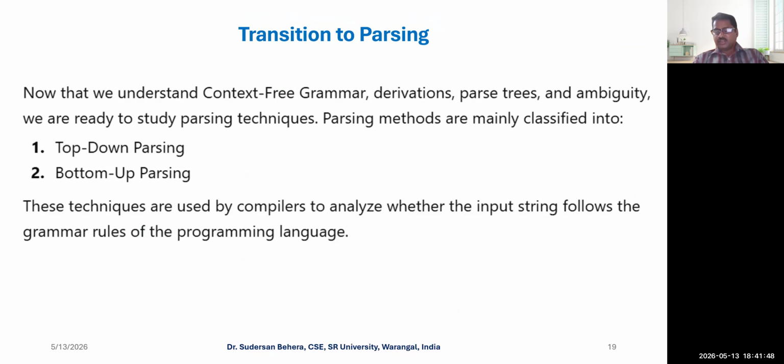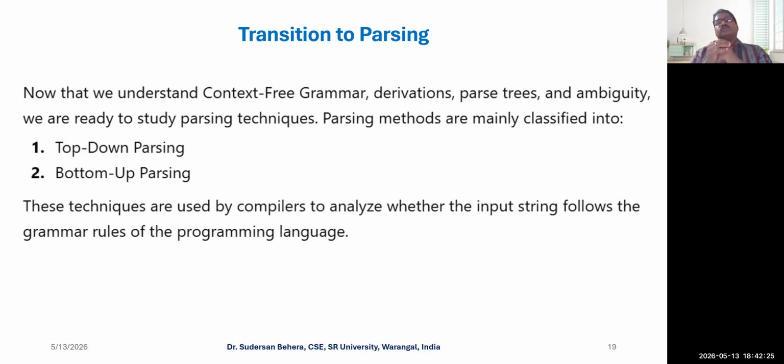We came to know what is context-free grammar, what are the core tuples of a context-free grammar, what are the production rules, what is the start symbol, what is the derivation, and what are the types of derivation, how derivation is useful to produce the string, how the same derivation process can be graphically represented as a tree known as a parse tree, and how the leaves of the parse tree collected together can be taken as the sentence.